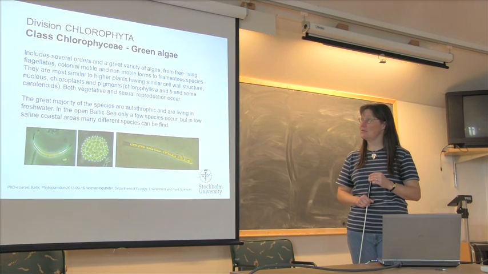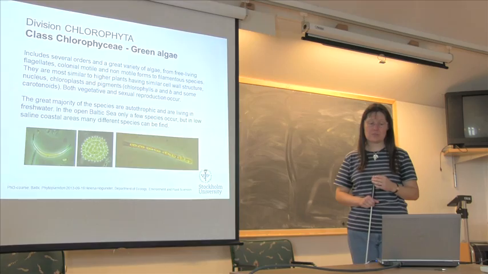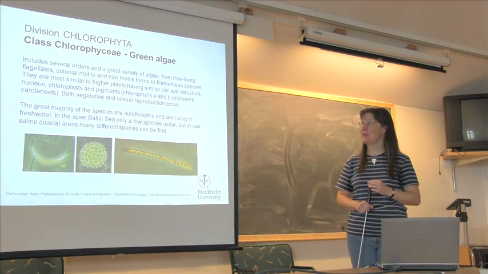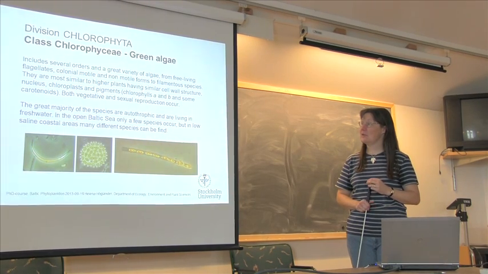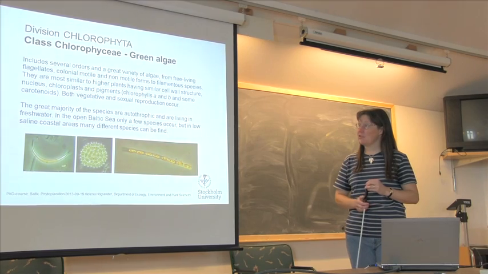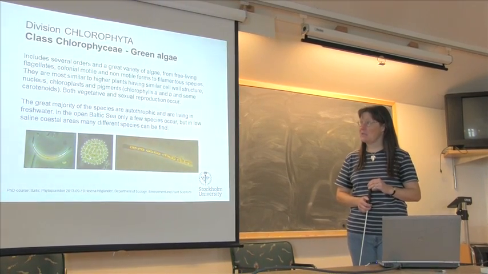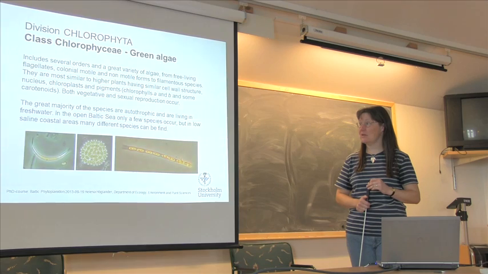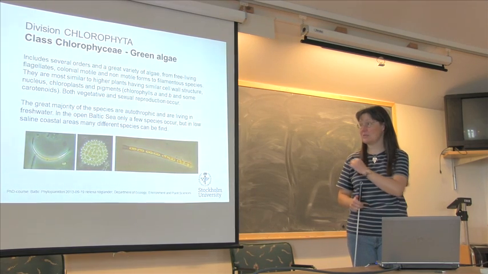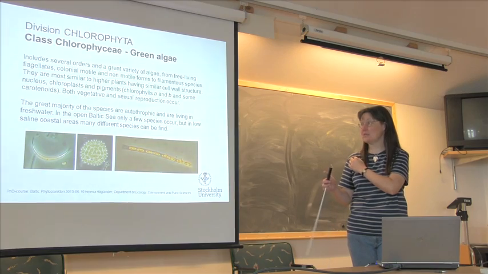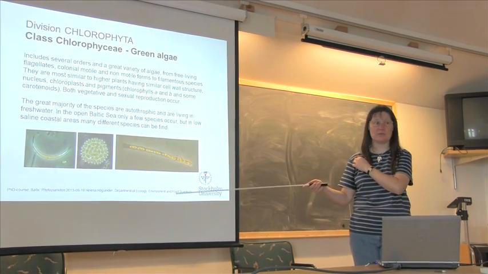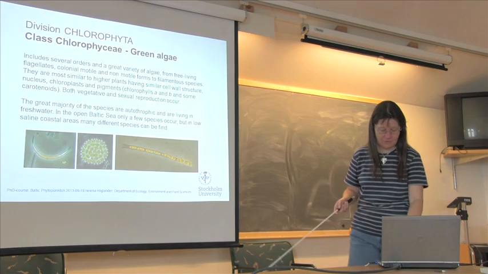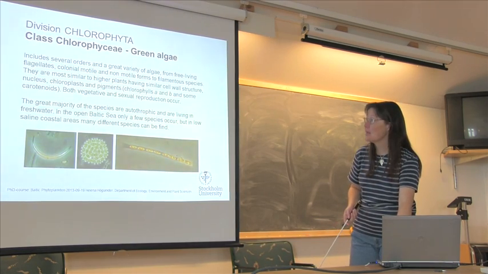They are very similar to higher plants in their cell wall structure, and their reproduction can be both vegetative and sexual. They are autotrophic, especially in the Baltic, so I haven't denoted if they are autotrophic or not, because these are autotrophic in the Baltic.